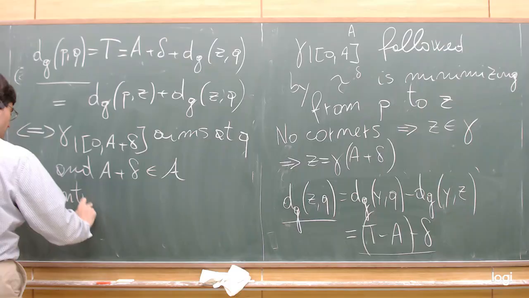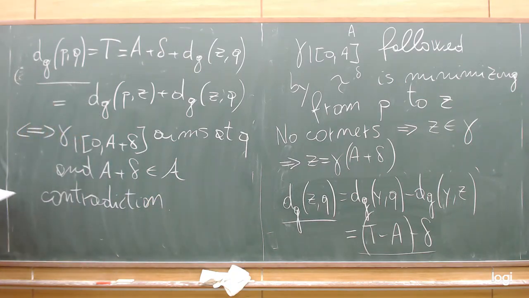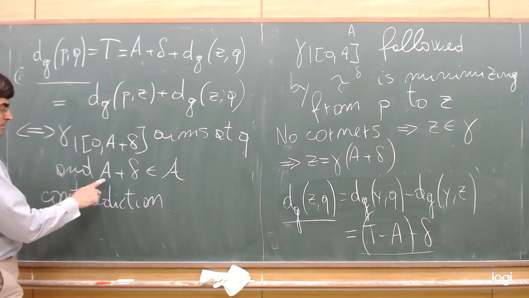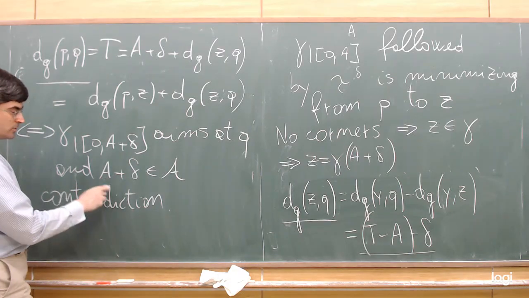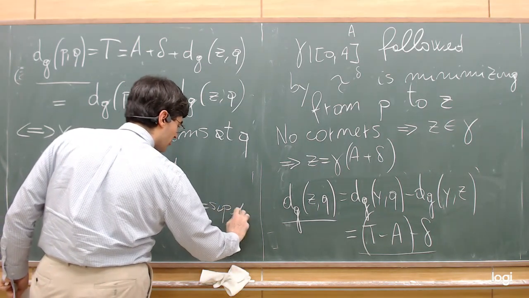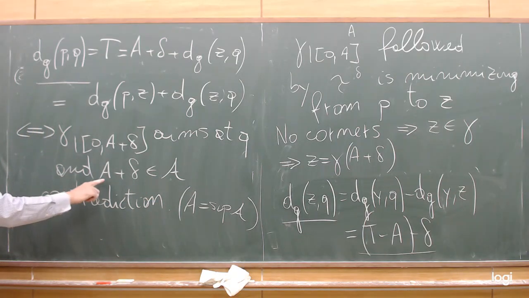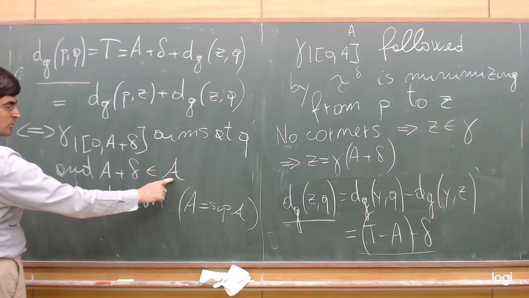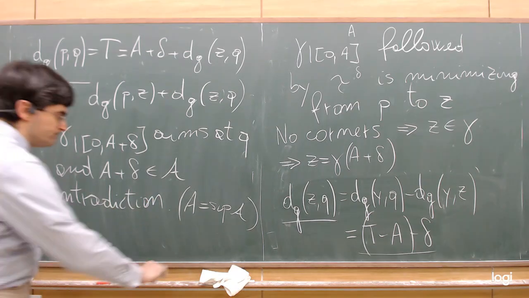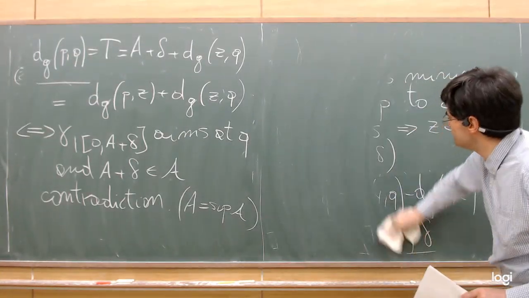Contradiction? Because A was the supremum of this set. Instead, here we are saying that A plus delta, with delta positive, belongs to the set. So this is the end of the proof of the first part of the lemma.